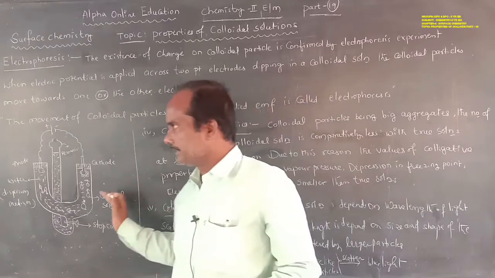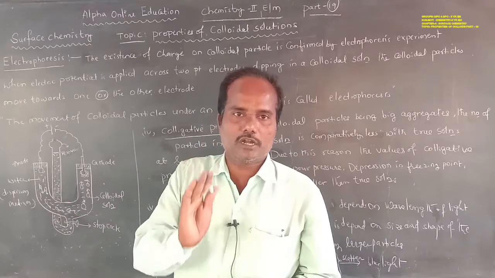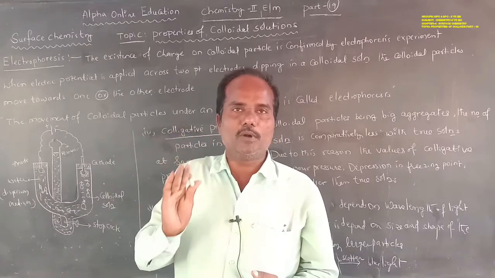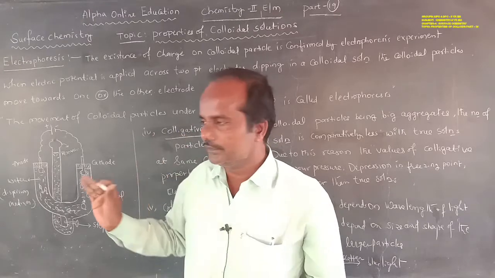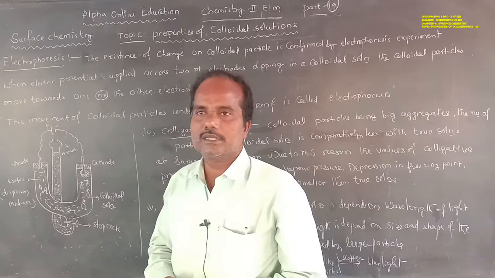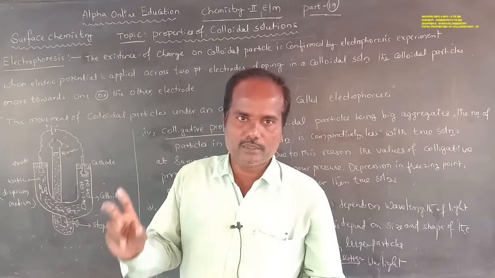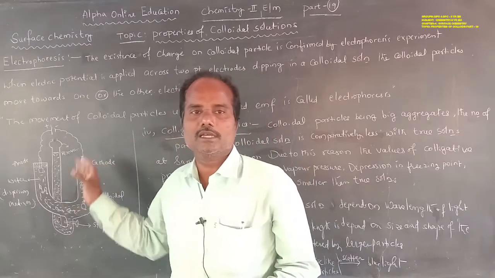This movement is possible by means of the charge of the colloidal particles. If the colloidal particles are chargeless, then electrophoresis is not observed. By this experiment, the charge of the colloidal particles is confirmed.